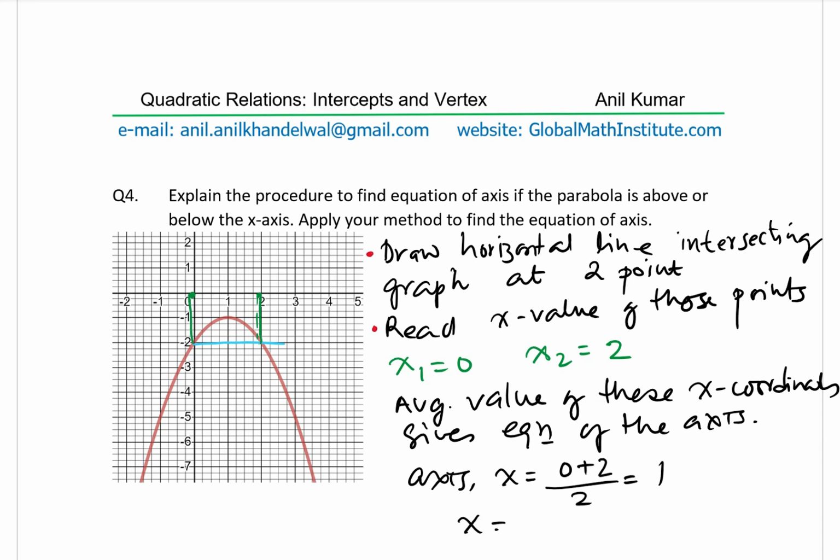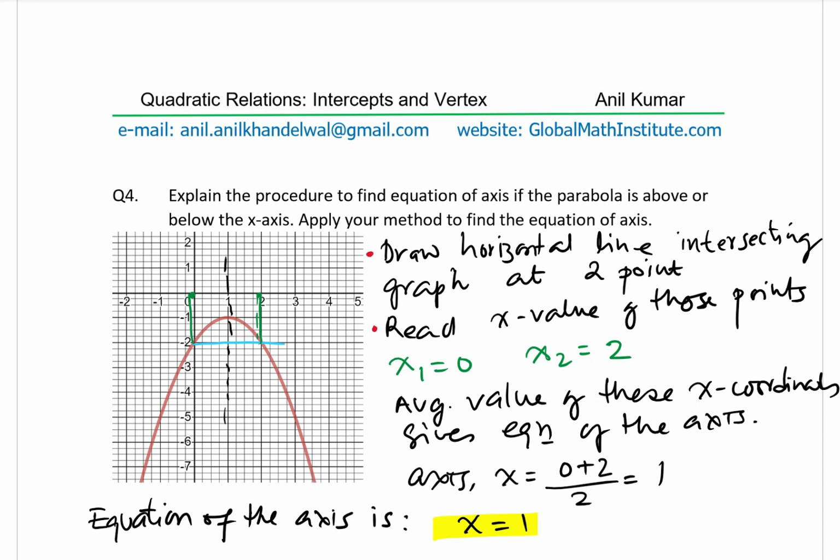And so we can say x equals 1 is the axis. Is that clear to you? That is how we are going to figure this out, and that is clearly the axis. You can verify the result from the graph.